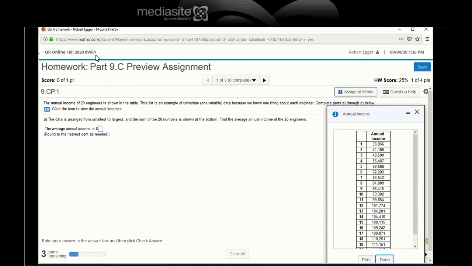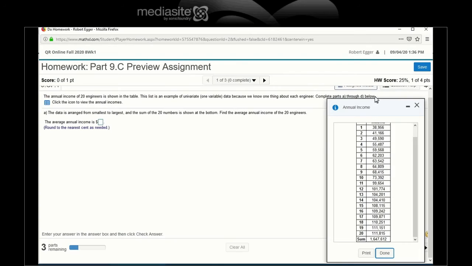All right. So the data is arranged from smallest to largest. Gotcha. Find the average annual income of the 20 engineers. Okay, again, they were nice enough to give us what that number is. The average income is going to be total income over how many engineers.